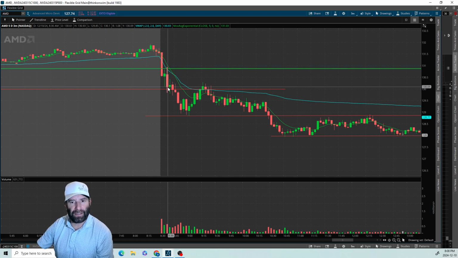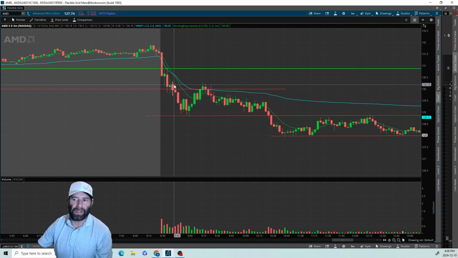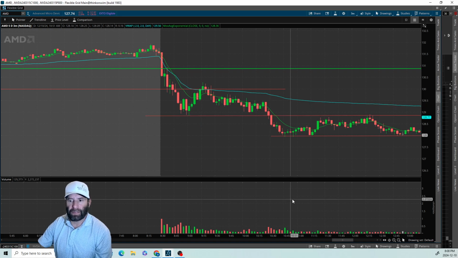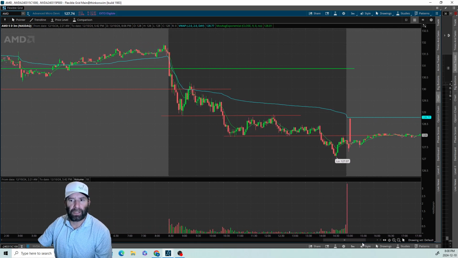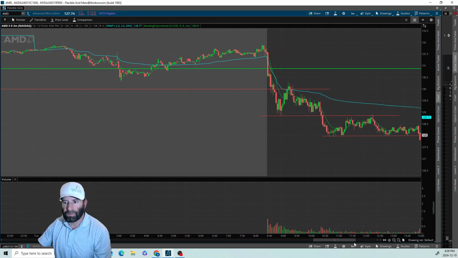Here I really wanted to get involved, but I didn't see a good area where I could protect my risk. So I just had to let it go, let it set up, and see if I could find an opportunity. Let the pattern form, let the trade come to you. There's no reason to jump in just to be in the trade. We trade because there's value, not because we just want to trade.